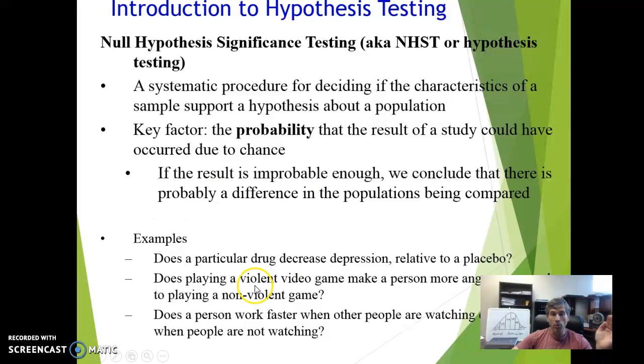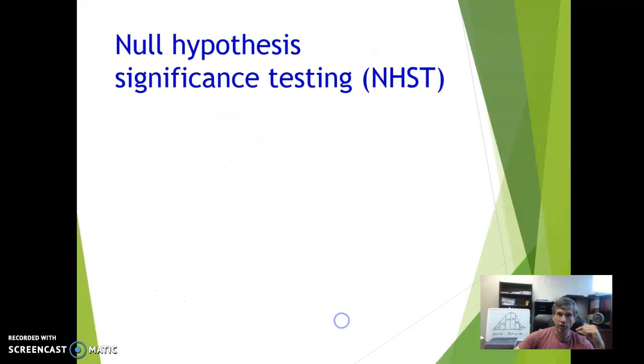I could do the same thing with the effects of violent media consumption on anger, with the effects of social presence, people observing you, on productivity at work. Again, I would be comparing these different conditions on their DV scores, and I need to figure out what's the likelihood that I would observe the differences I do purely due to chance. So that's null hypothesis significance testing.